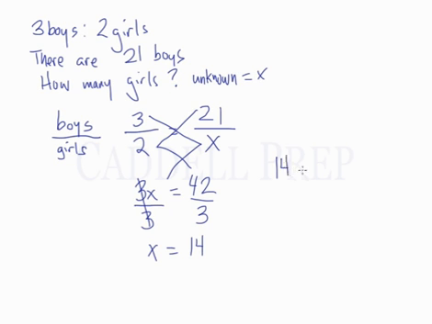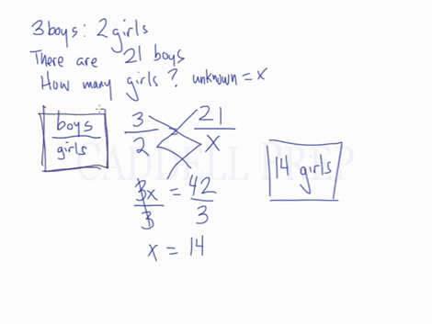So that means there are 14 girls. So make sure when you have a ratio and you're setting up a proportion, write down how you're setting it up. Otherwise, we can make a mistake. If we put the 21 down here, we would have gotten the wrong answer.